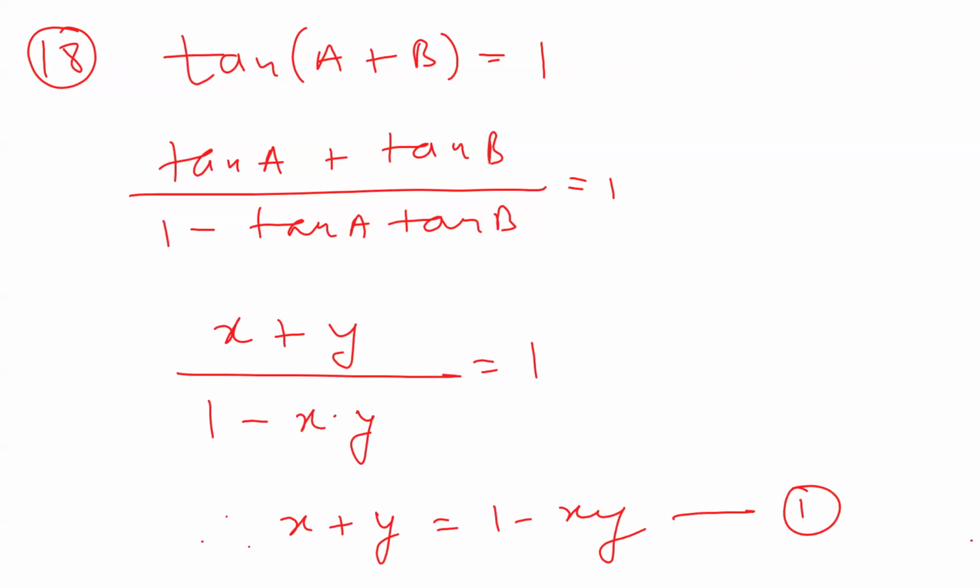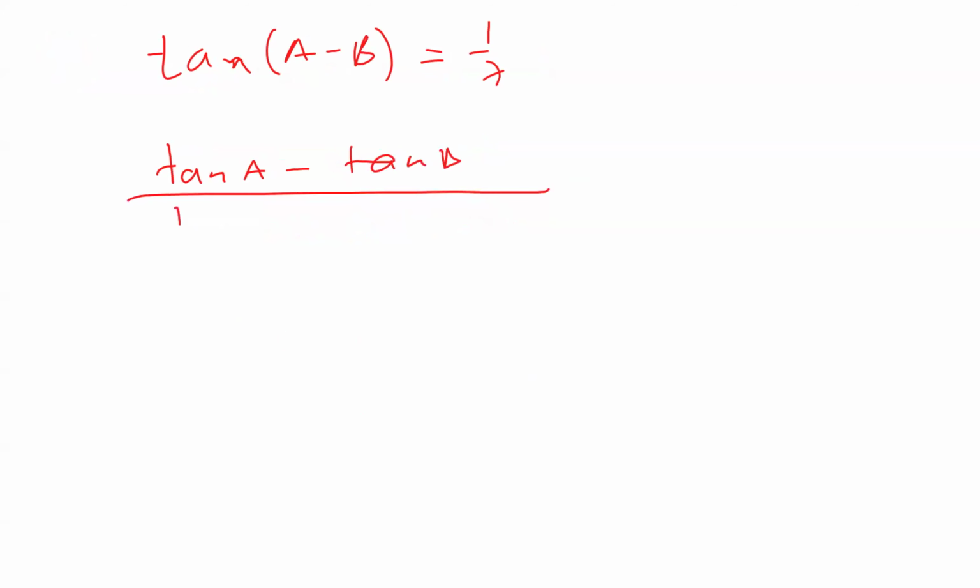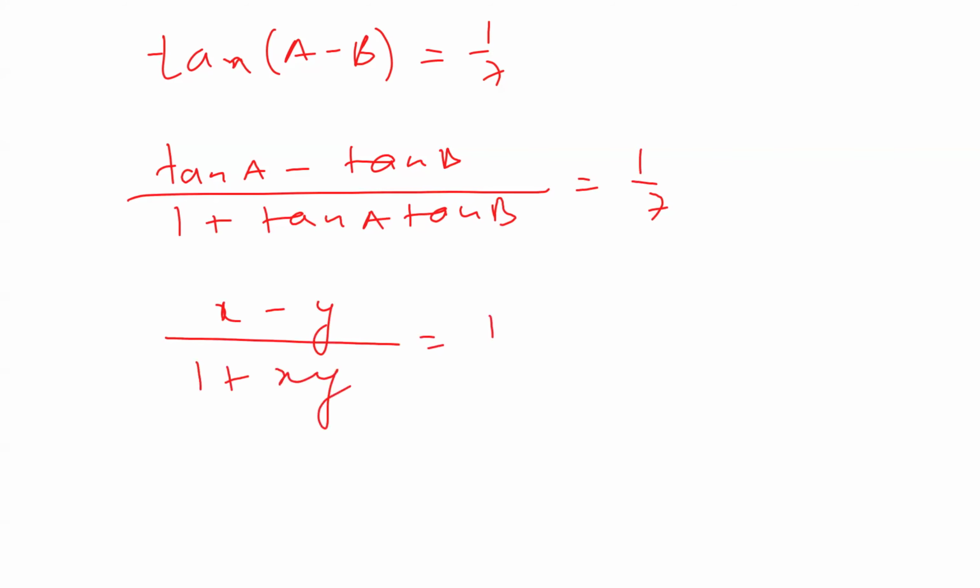So next step, tan A minus B. Now tan A minus B they have given as 1 by 7. So tan A minus tan B upon 1 plus tan A tan B this time is equal to 1 by 7. So x minus y upon 1 plus xy is equal to 1 by 7. So 7x, I'm taking tan A as x and tan B as y.